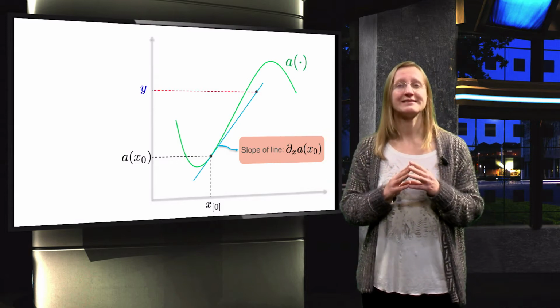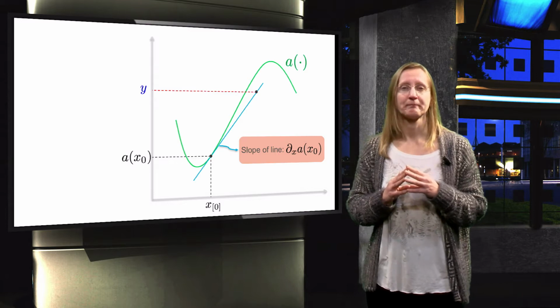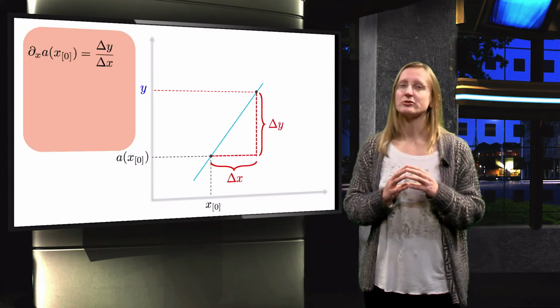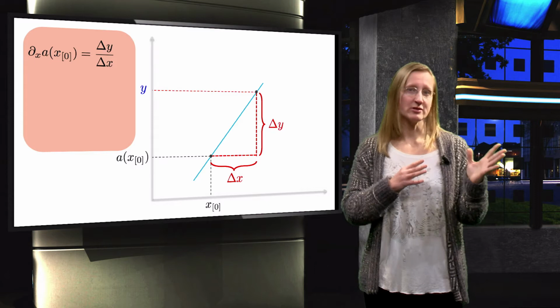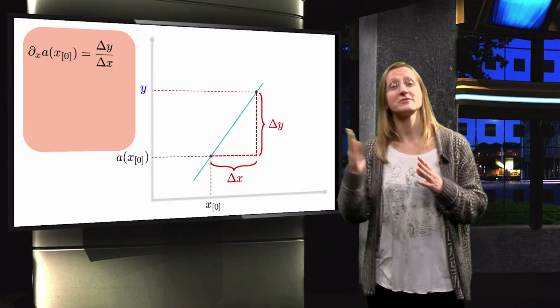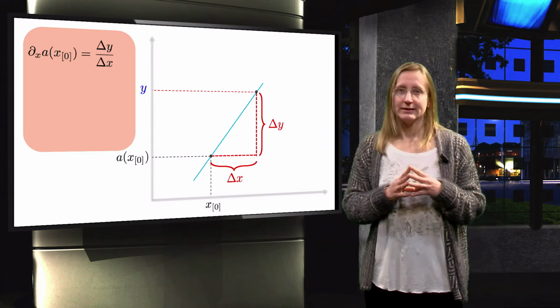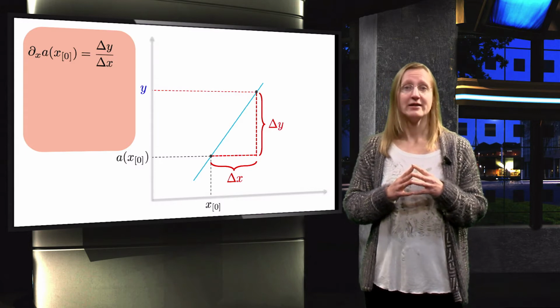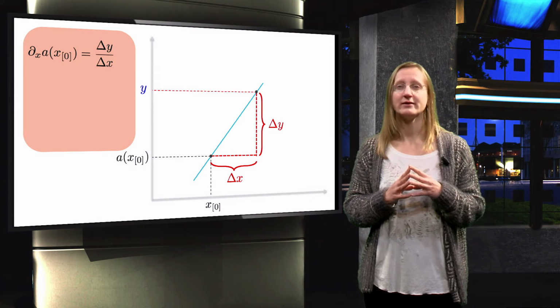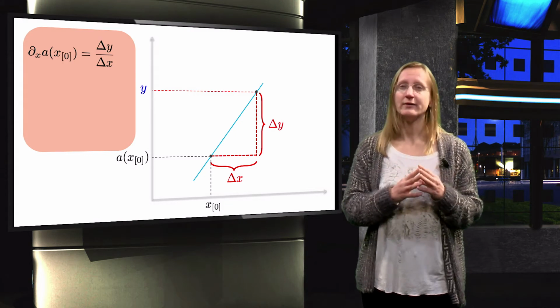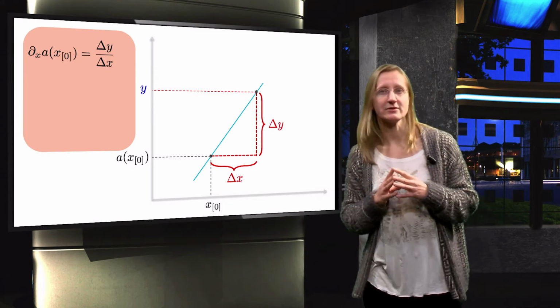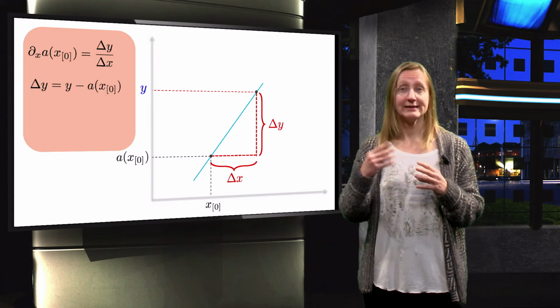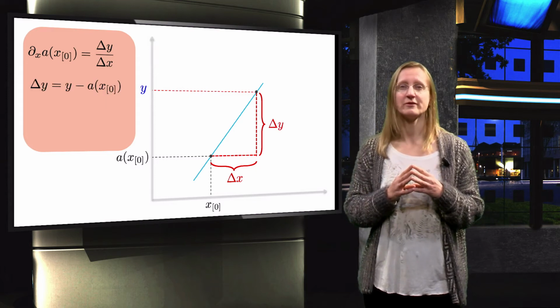Let's briefly look at the tangent line only. By definition, the gradient is equal to delta y over delta x, as visualized here. The equation is as shown in the top left of the figure. In the figure you can see that delta y is equal to y minus a at x0. And this is the difference of the two function values we have.